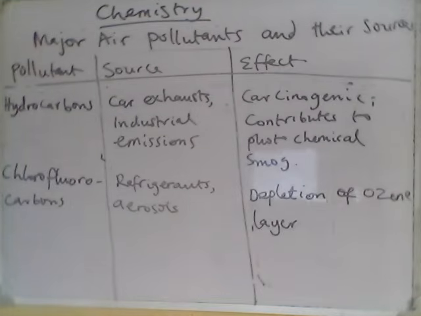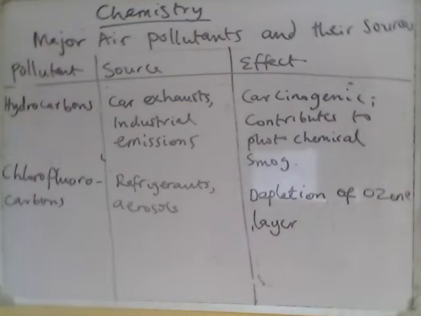to be carcinogenic. So petrochemical smog is a type of chemical pollution created when sunlight acts on pollutants like nitrogen oxides. We talked about nitrogen oxides earlier. So when we say carcinogenic contributes to petrochemical smog, we mean that, for instance, some hydrocarbons in the air are cancer causing.